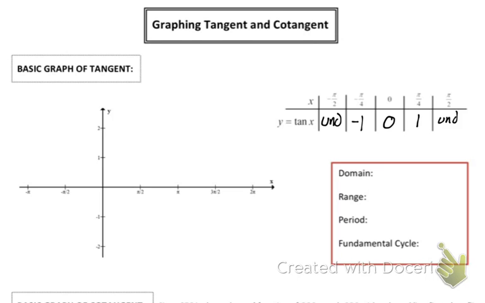All right. Whenever something's undefined on a graph, there's only two possibilities. It's either an asymptote or it's a hole. With tangent, it's going to be a vertical asymptote. So at negative pi over 2, we're going to have a vertical asymptote. And at pi over 2, we're also going to have a vertical asymptote.